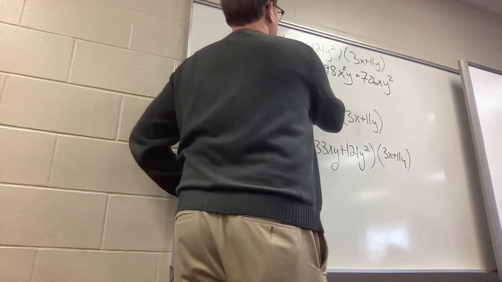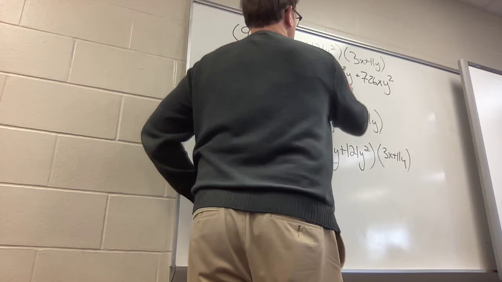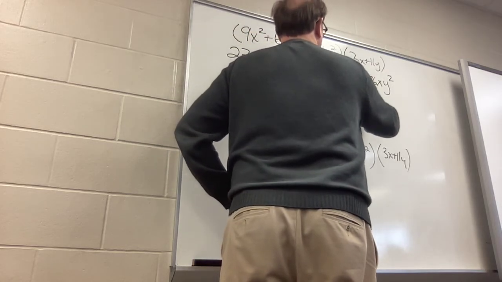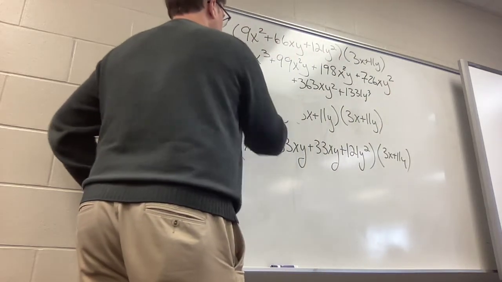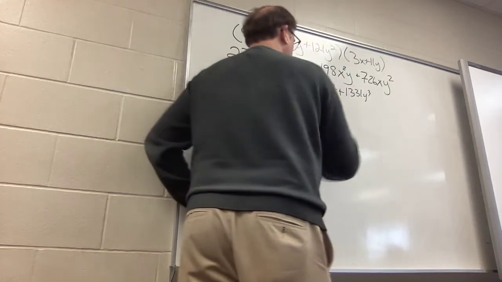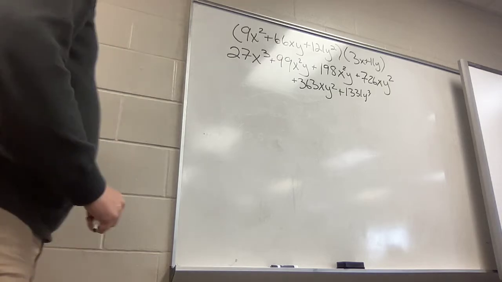121 times 3 is 363 xy squared. And this is in fact 1331y cubed. This one could take 3-4 minutes, and then a lot of you will double check for 3-4 minutes more.